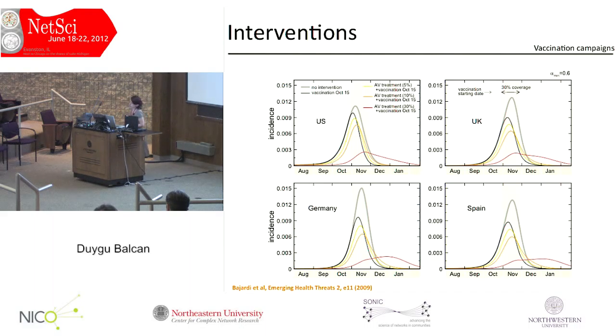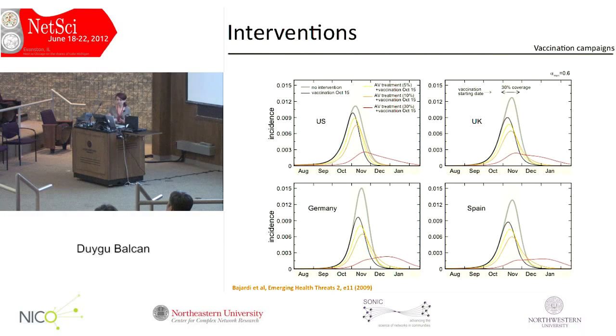With the other colored curves, you see the impact of, for instance, treatment of individuals with antivirals. The best scenario would be that you start the vaccination at that given time in mid-October, because the vaccines were not available before, but you treat 30% of infected individuals with antivirals, starting at the very beginning of the pandemic.